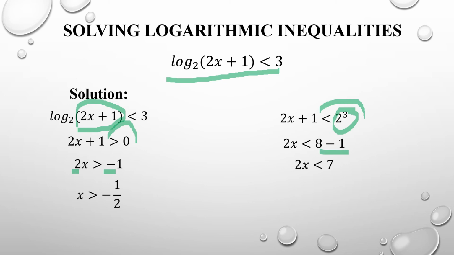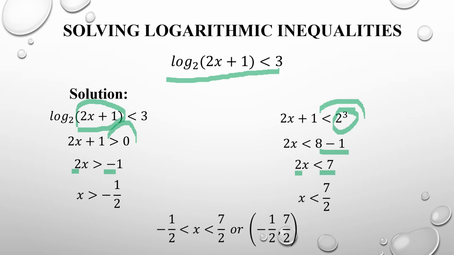We have 2x is less than 7. Dividing both sides by 2. We have x is less than 7 over 2. So, therefore, ang solution set natin is x greater than negative 1/2 but less than 7 over 2, or negative 1/2, 7 over 2.